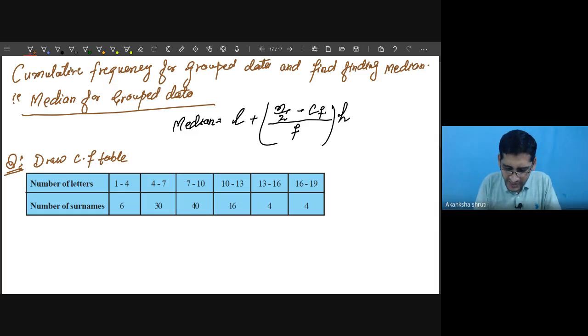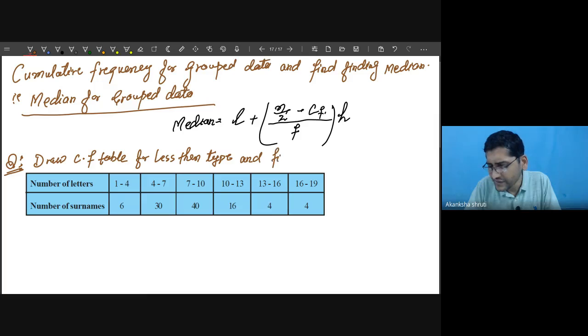So draw the cumulative table for less than type, and find what? Median.